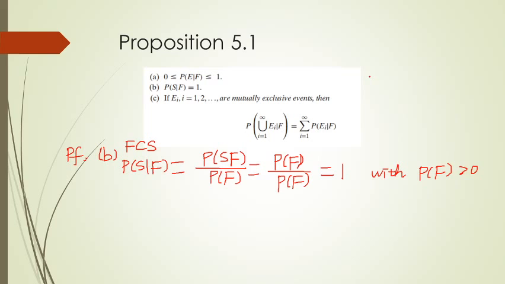Now, still, let's follow the conditional probability. For this union, we are going to apply axiom number 3.